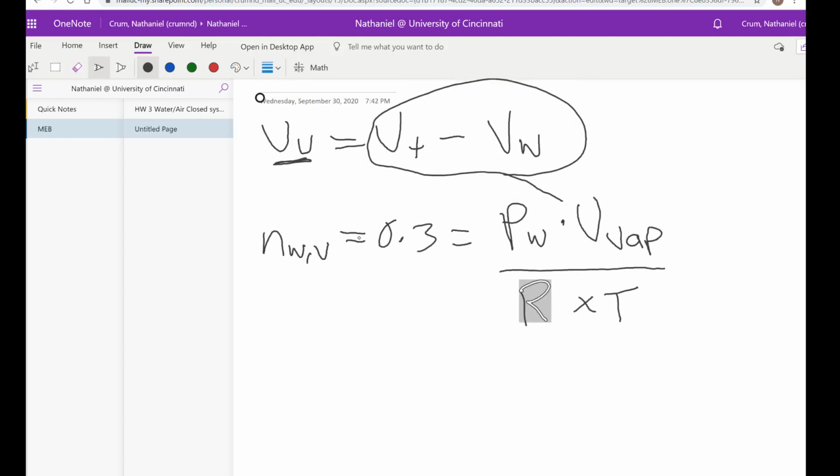So that will be our last equation we will set up, and then that will help us to solve for our two unknowns.